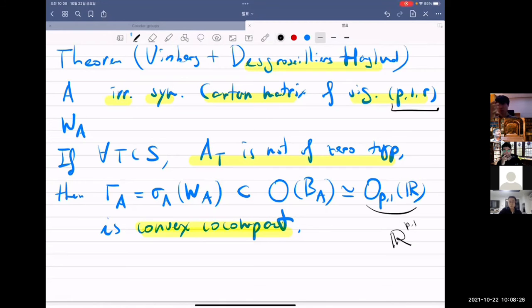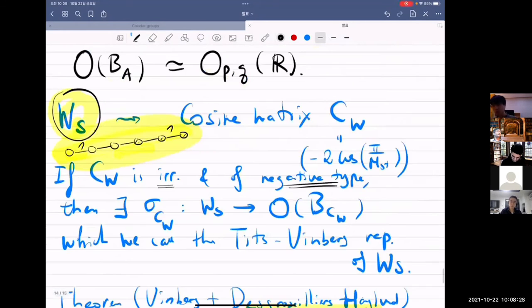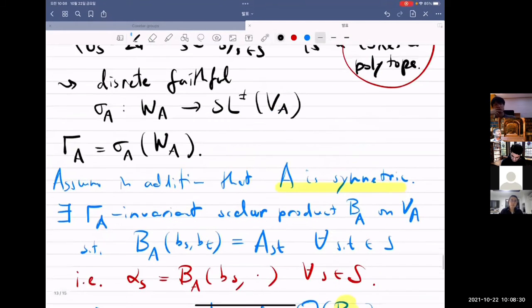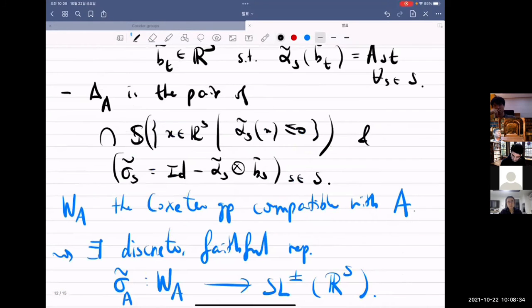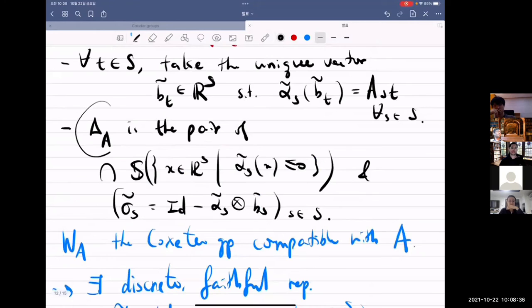But if you remember my previous descriptions, at the beginning we obtained this one. So this guy is a Coxeter simplex. That's the same dimension, p plus 1 plus r.